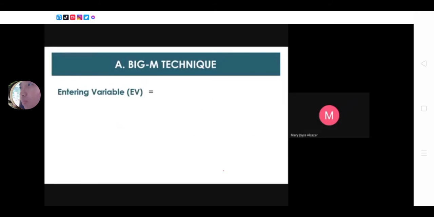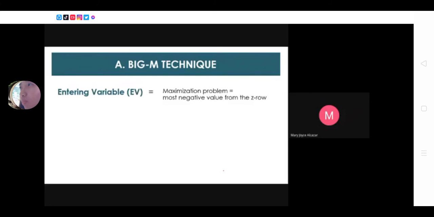After creating the new initial tableau, you have to identify two variables again to proceed with the iterations. First is the entering variable. During the simplex method, the criterion in identifying the entering variable is the most negative value from the zero row.